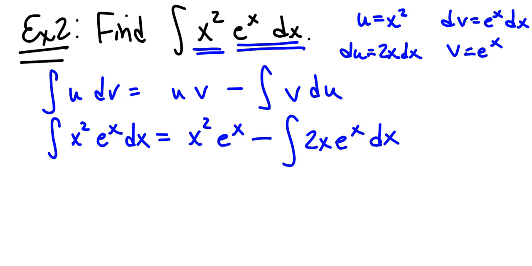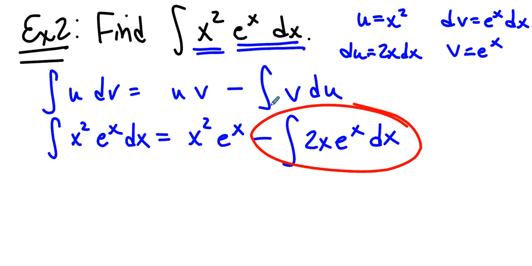And so you ask yourself, is this better than what we had before? And the answer is yes. We still can't do this, but it's better. We've dropped a power of x.